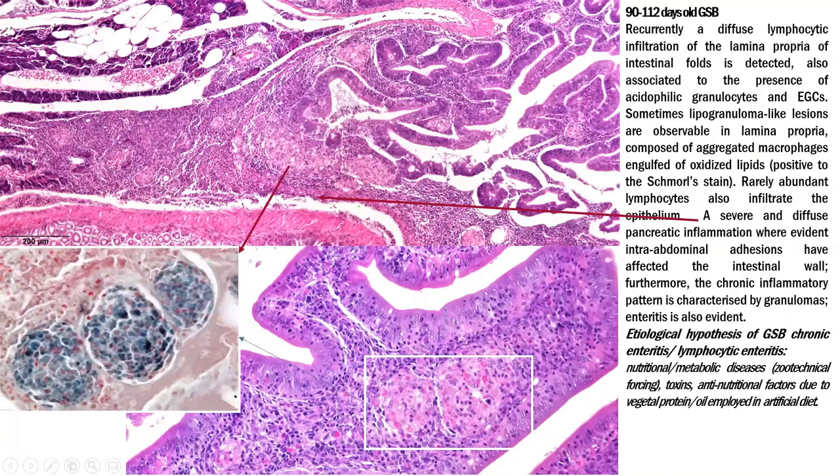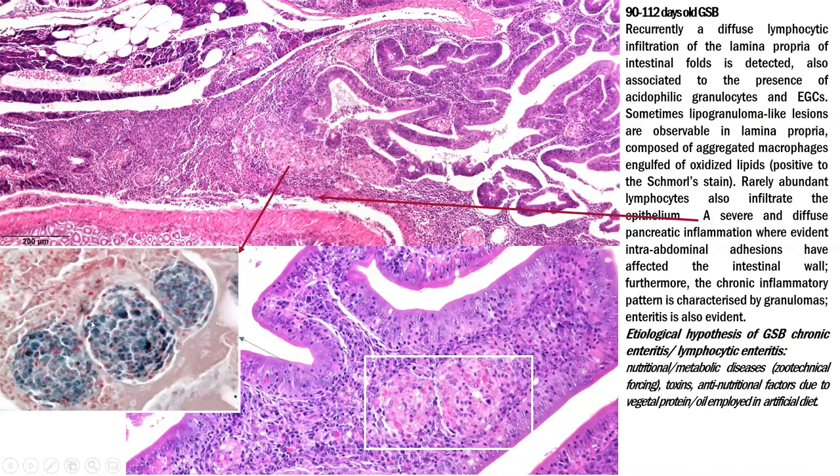In this other image, you can see the situation for some juveniles where the lymphocytic infiltration of the lamina propria was severe, and also the infiltration of the adipose tissue and the pancreas is very important.